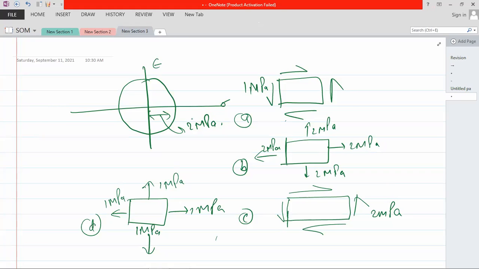I hope you understand the question. This is the Mohr circle given for a shear stress and normal stress problem. So, what is the correct representation of that body, the action of stresses? Can you tell which option, A, B, C, D, is right?